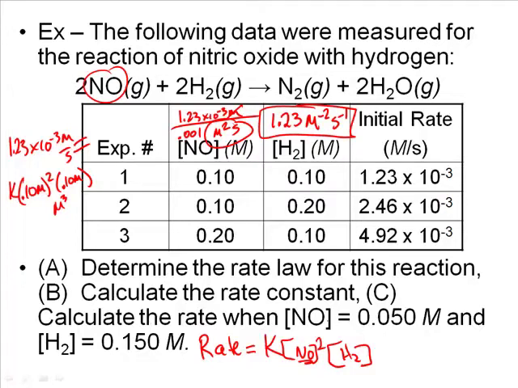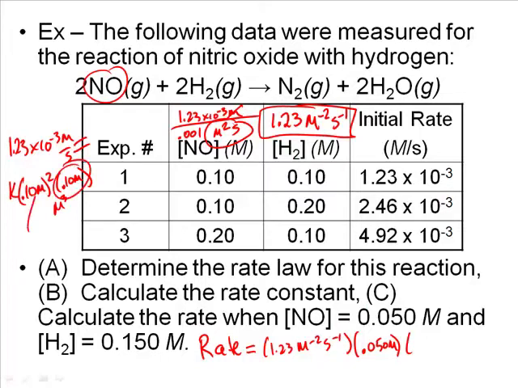And then we can calculate the rate when we're given that data. So if we use this equation down here, the rate's going to equal K, 1.23 molarity to the minus 2, seconds to the minus 1, times NO squared. NO is 0.050 squared, times, or excuse me, no, I did that wrong, didn't I? 0.050, NO is not squared.